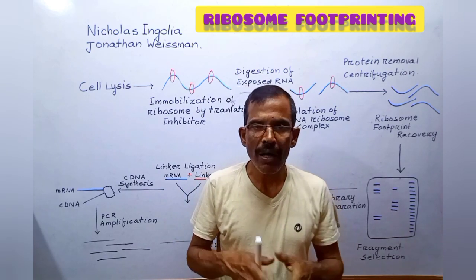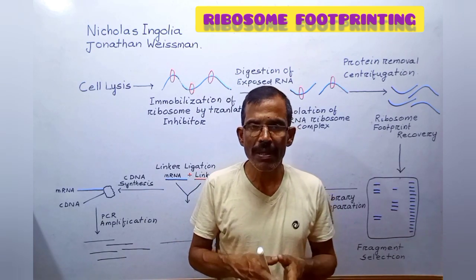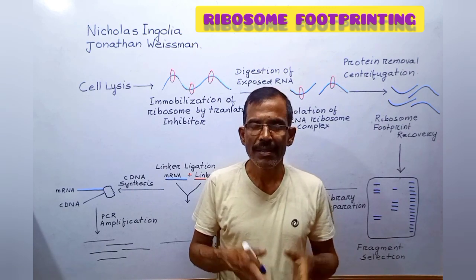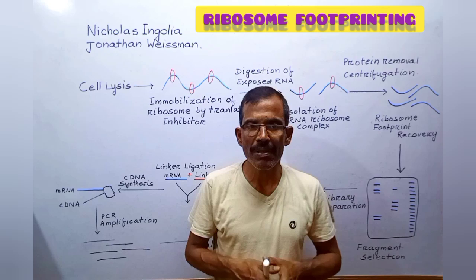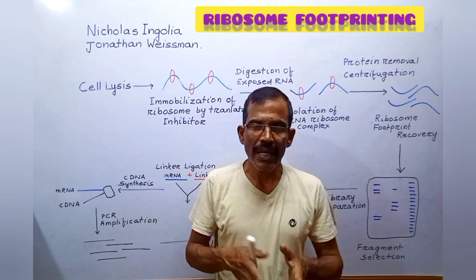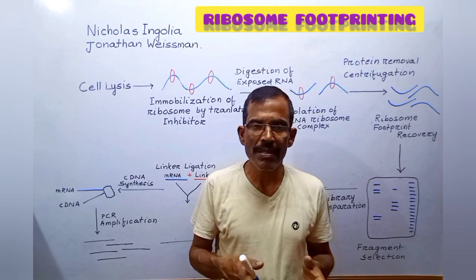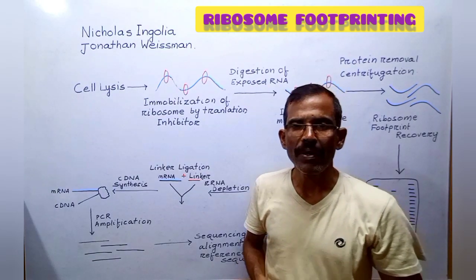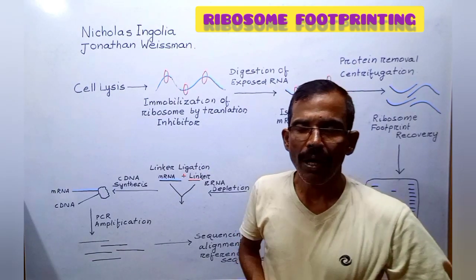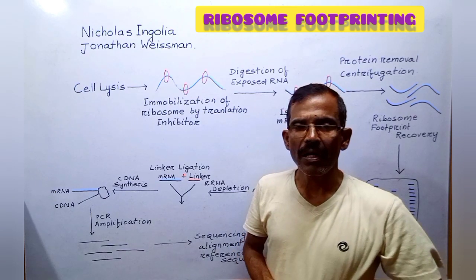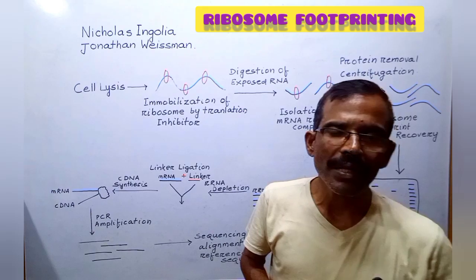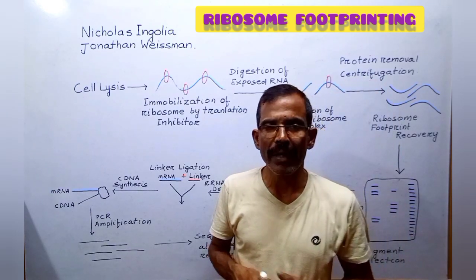But if one is interested in inhibiting the ribosome at the initiation site, then specific inhibitors such as harringtonine and lactimidomycin can be used. In lysis, the sample is broken down either enzymatically or mechanically in order to release the cellular content for further treatment.